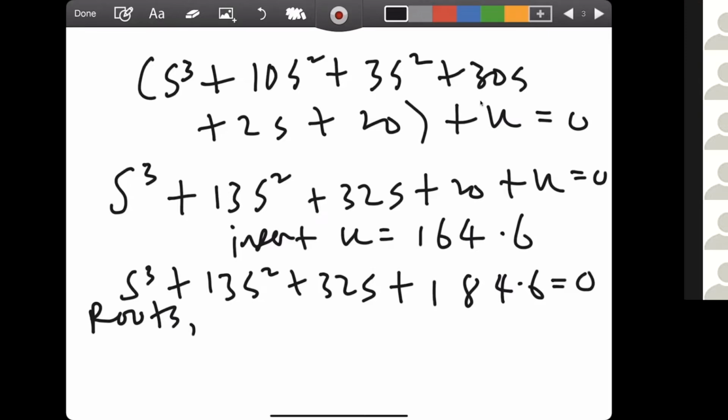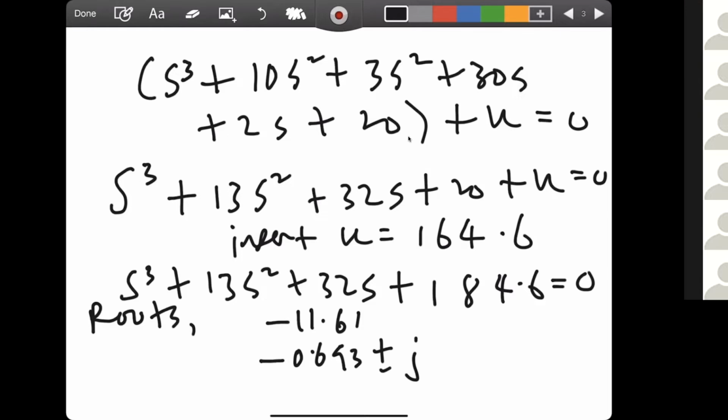Okey, tengok pada ni. Jumpa. Berapa? Negatif 11.61. Lepas tu negatif 0.693 plus minus j. Lagi satu sama juga. Yang tu dia ada j.